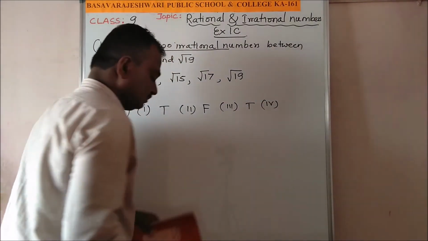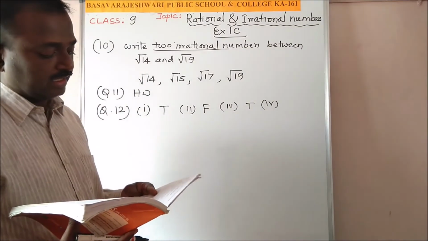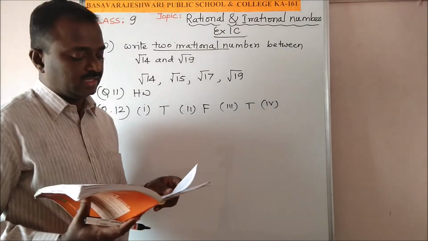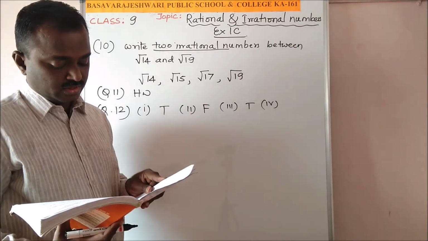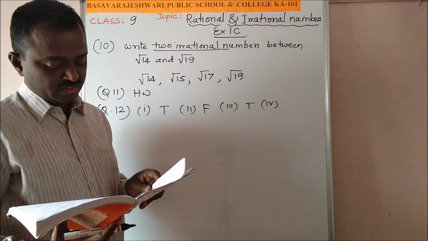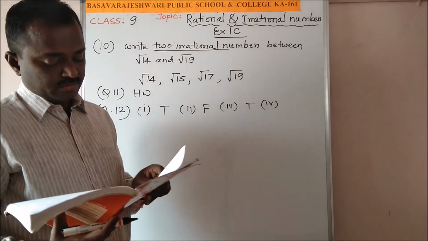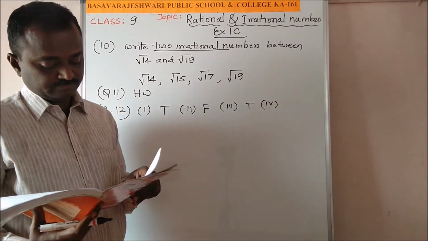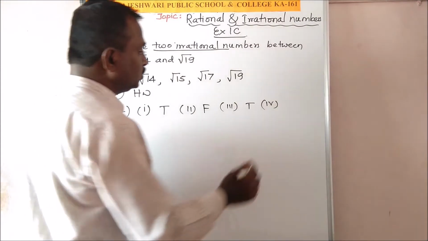Fourth one, the sum of rational and irrational is an irrational. Okay, that is also, we can say it is true.